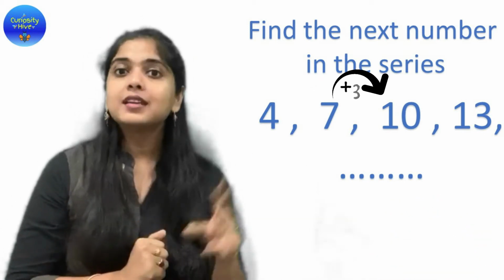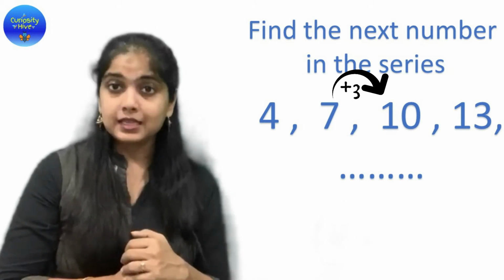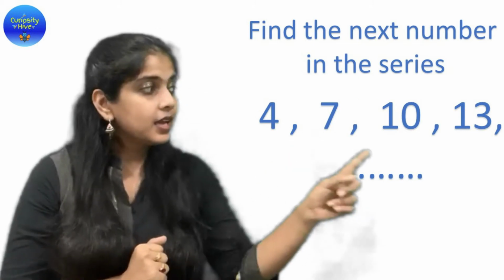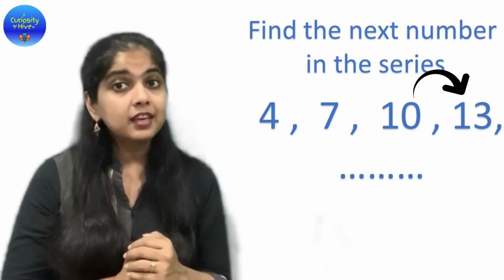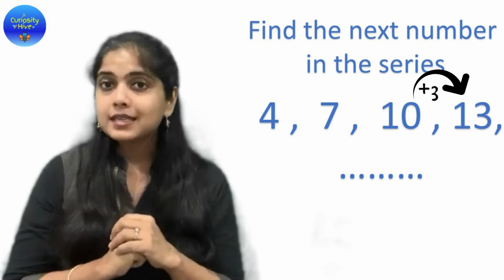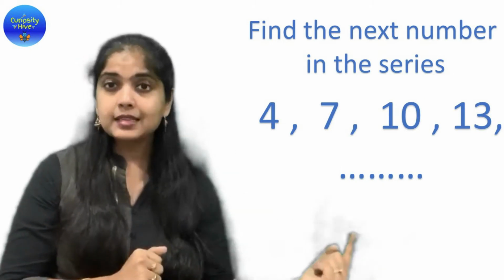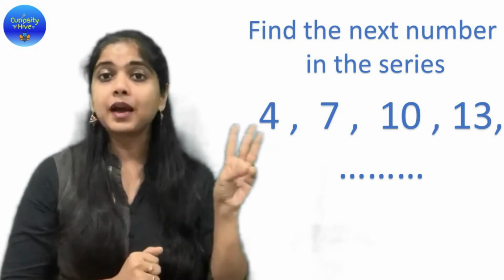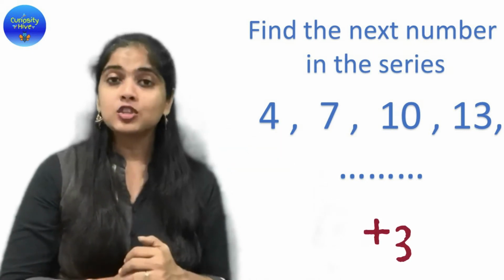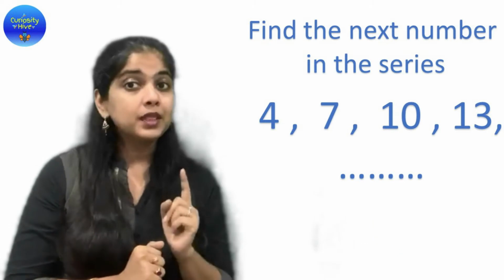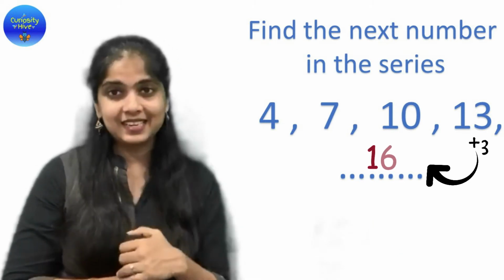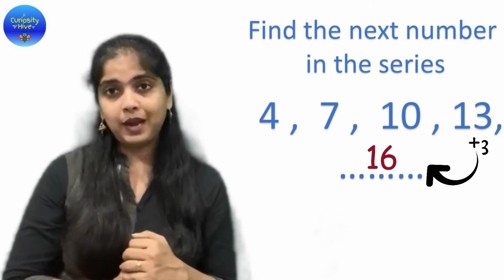So again, it takes 3 more steps. After 10 is 13, which is again 3 more steps. So we can establish that this series is a jumping of numbers by 3 points. So the number after 13 would be 13 plus 3, which is 16. So this is a type of pattern.